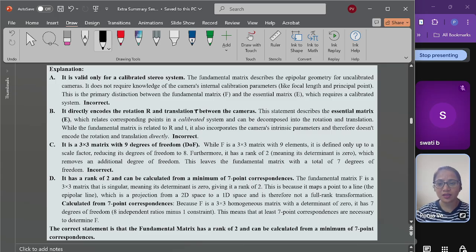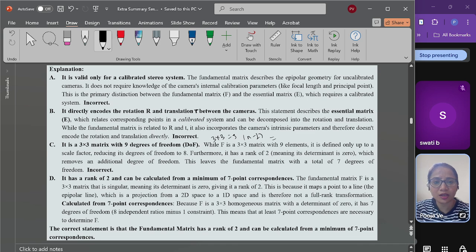Our next statement is it is a 3x3 matrix with 9 degrees of freedom. While F is a 3x3 matrix with 9 elements, it is only defined up to a scale factor, reducing its degrees of freedom to 8, right? If there is a 3x3 matrix, that means 9 elements, so there are n minus 1 degrees of freedom.